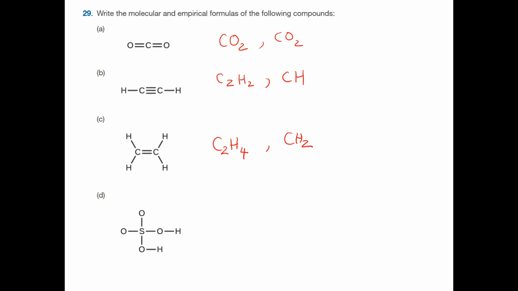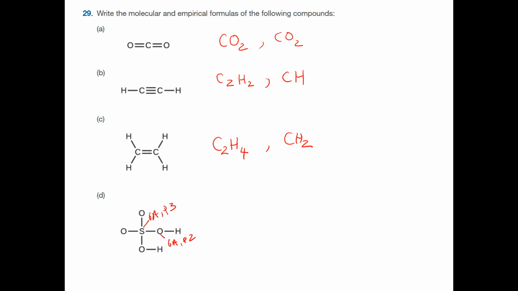Okay, so in our last case here, we've got hydrogen, oxygen, and sulfur. Oxygen and sulfur are both in 6A, but sulfur is in 6A period 3, oxygen is in 6A period 2, so sulfur is going to come first.